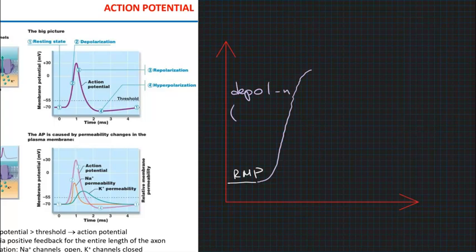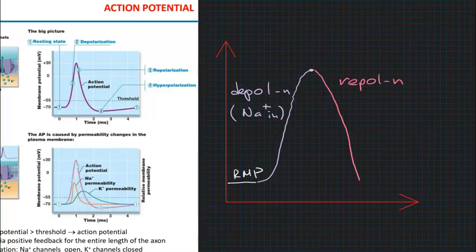And this happens because sodium diffuses into the cell. Okay? Now, right here, sodium channels close and potassium channels open. And potassium starts diffusing out. Okay, sounds good? So the cell goes back to its normal state. What do we call this?